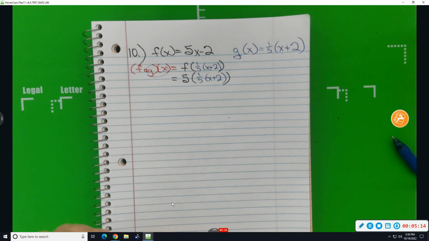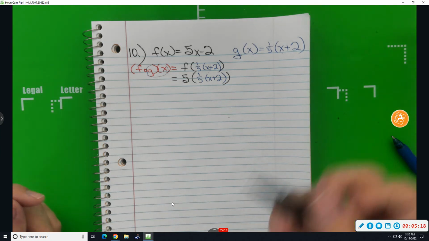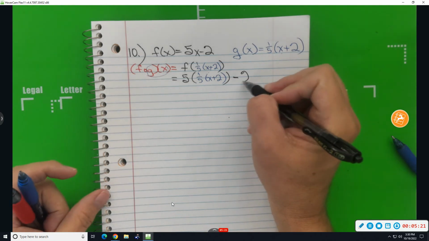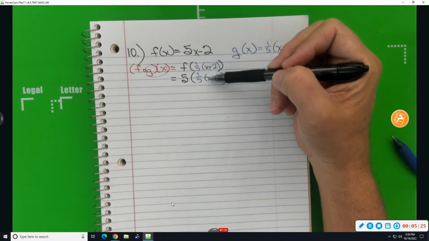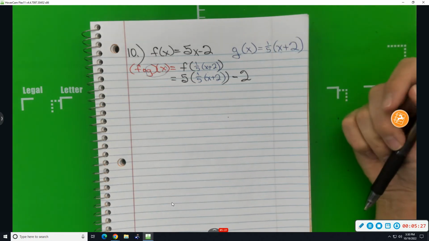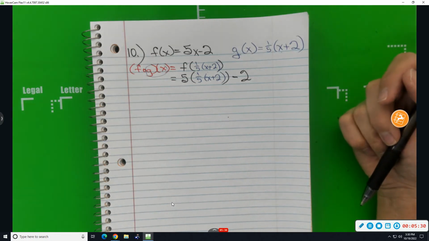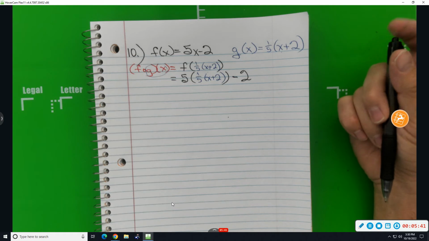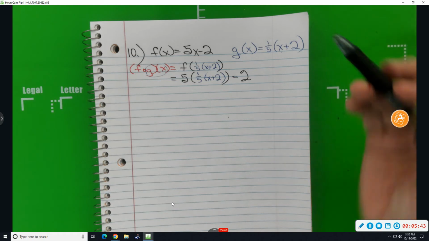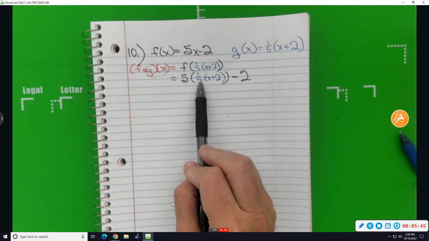I have something else stuck on there. What is it? The minus 2. 5. Replace the x with the stuff in the parentheses. We still have that minus 2. Remember, you multiply from left to right. And so once you start multiplying, I think the fraction makes this problem look messy, but as soon as you start multiplying from left to right, 5 times 1/5.